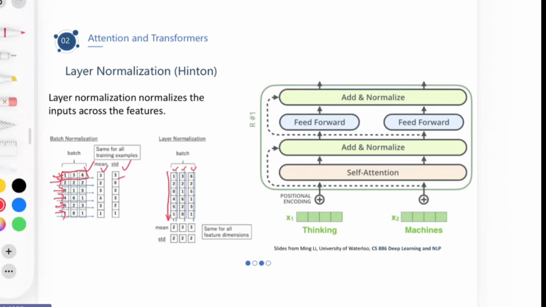Then you normalize every value of the sample with the help of this mean and variance. So what is the change here? In layer normalization, for each sample, you find a separate mean and variance, and then you normalize that sample with respect to its mean and variance. So for one sample, you have only one mean and one variance.